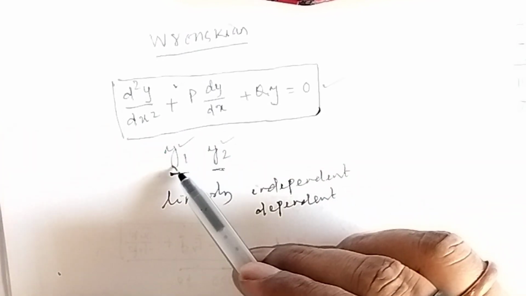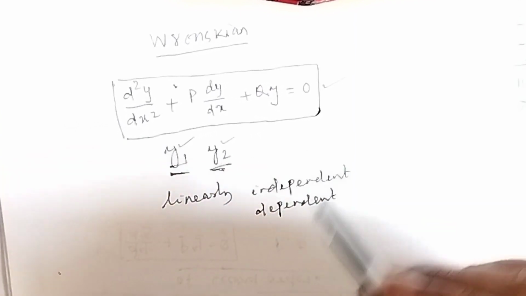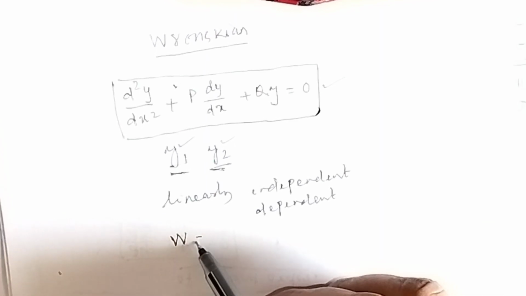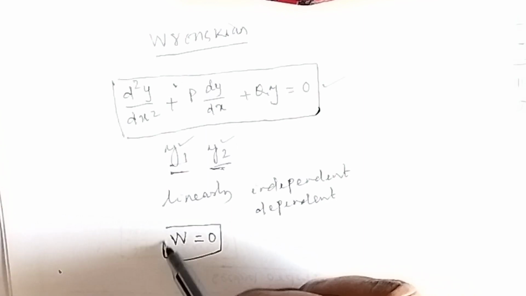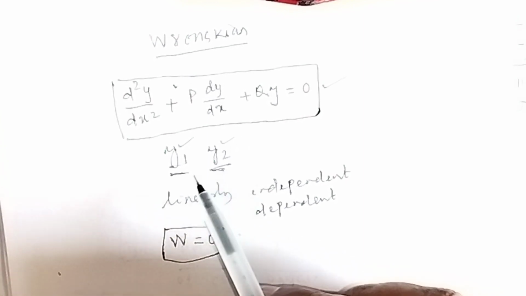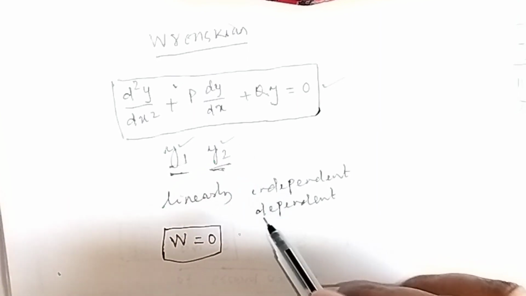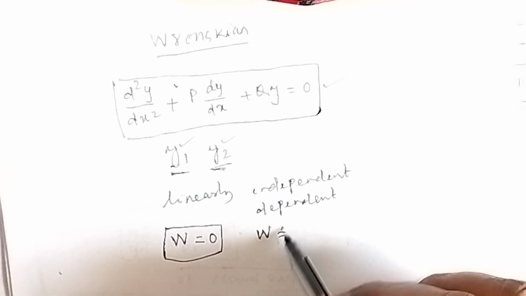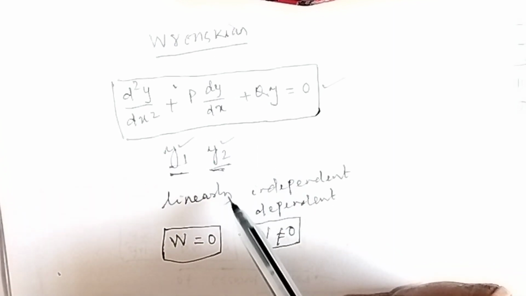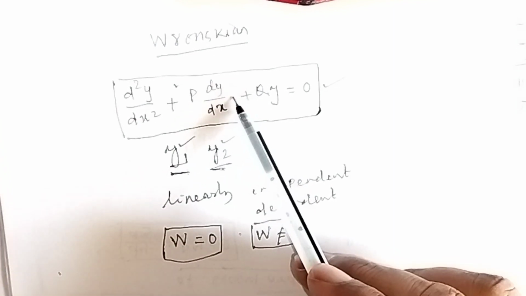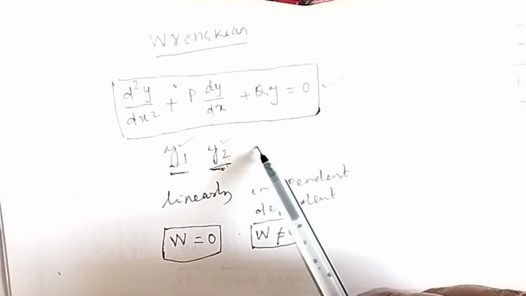Suppose y1 and y2 are two solutions. If they are dependent, then the Wronskian will be equal to 0. If the Wronskian is not equal to 0, then the solutions of this linear differential equation, y1 and y2, are linearly independent.